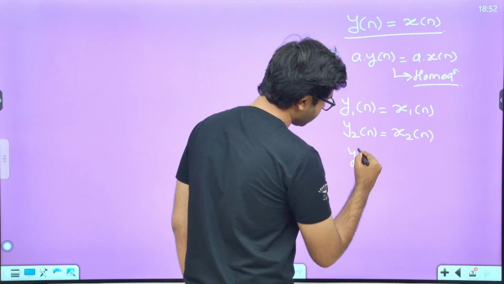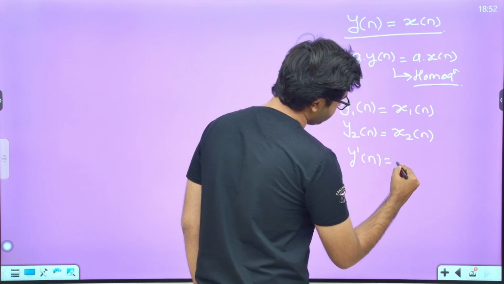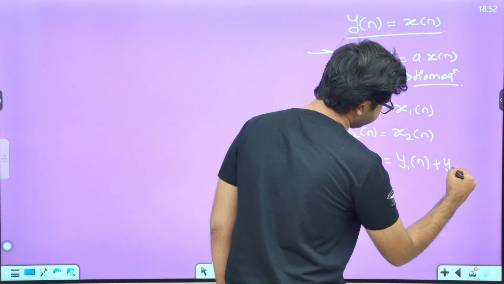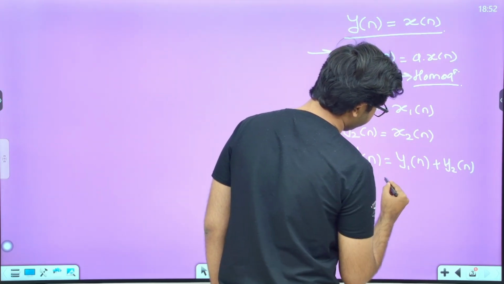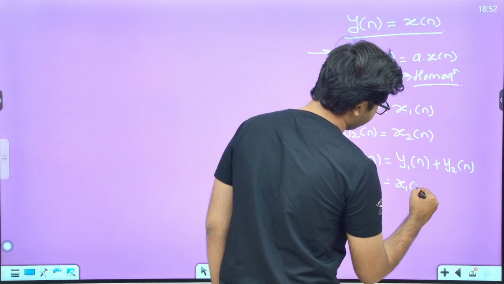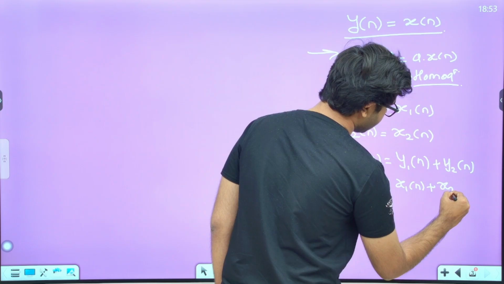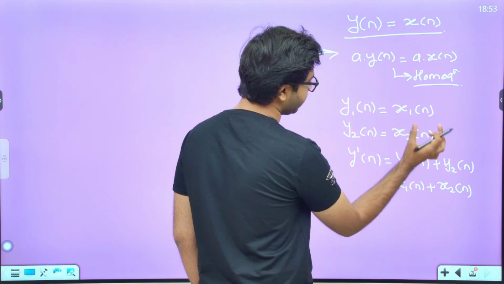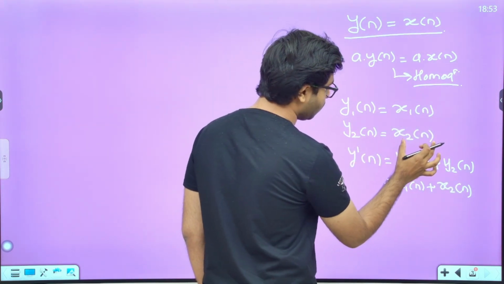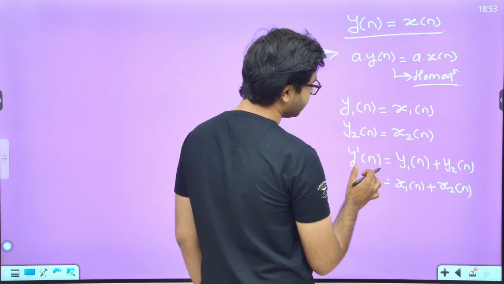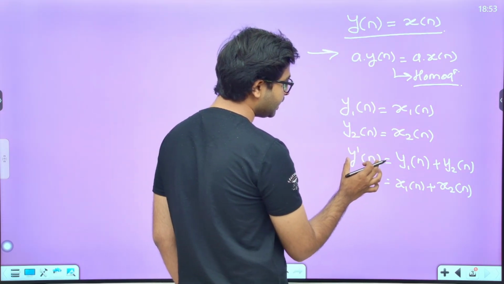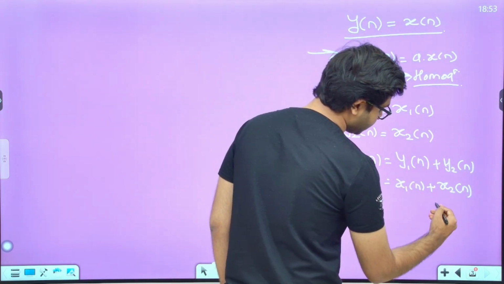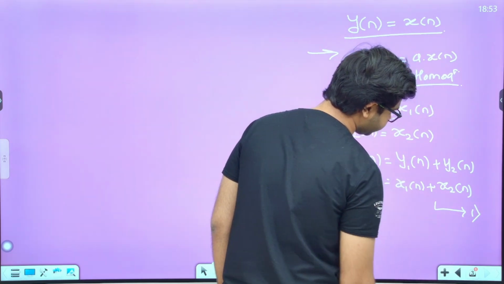Now y dash of n is equal to y1 of n plus y2 of n, which will obviously be equal to x1 of n plus x2 of n, because y1 of n is equal to x1 of n and y2 of n is equal to x2 of n. y dash is the response we are taking, and y1 of n plus y2 of n will give this equation. We will number it as 1.